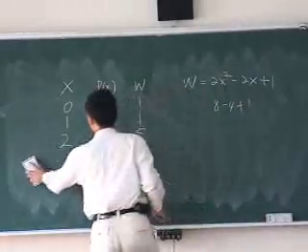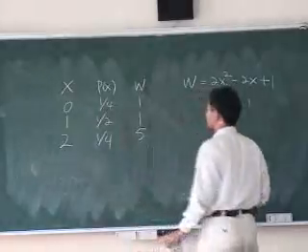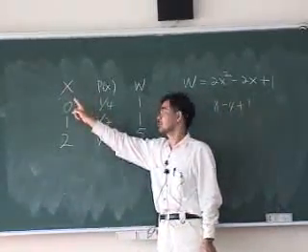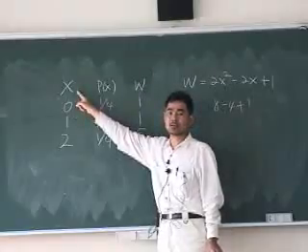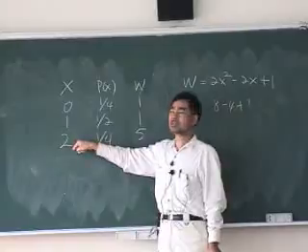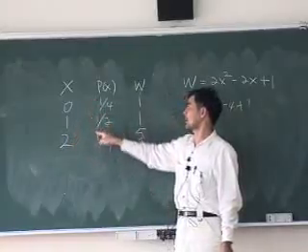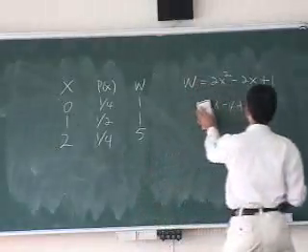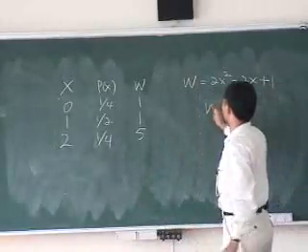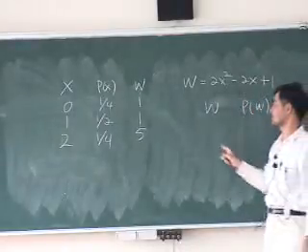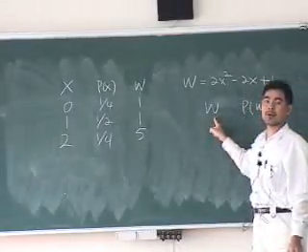So you know that the probability distribution of x has 3 possible values, 0, 1, 2, and the corresponding probabilities are 1/4, 1/2, and 1/4, right? But what about w? If you put it down, it's going to be w and pw. There are only 2 possible values.